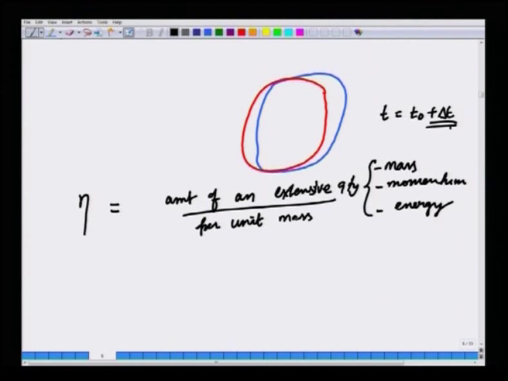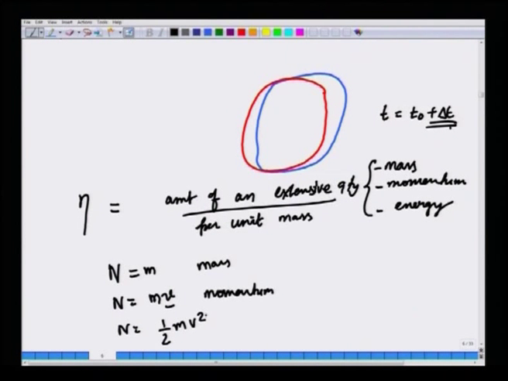So, N is m for mass, N is mv for momentum, N is half mv squared for kinetic energy of the fluid.